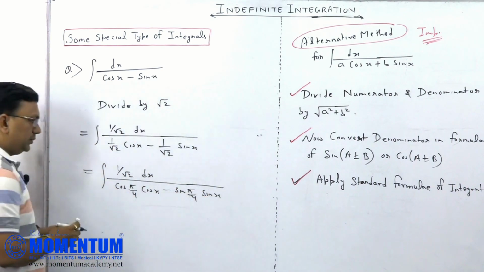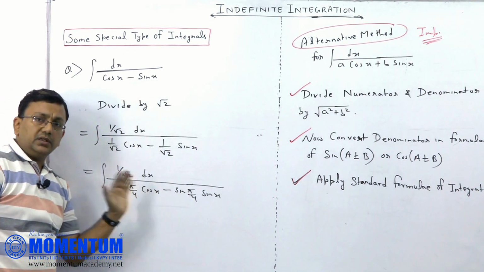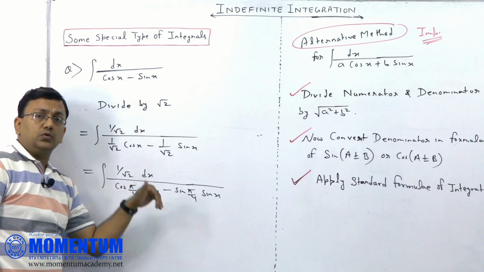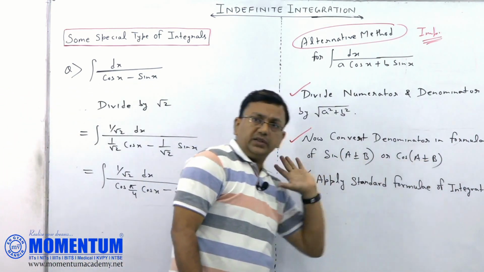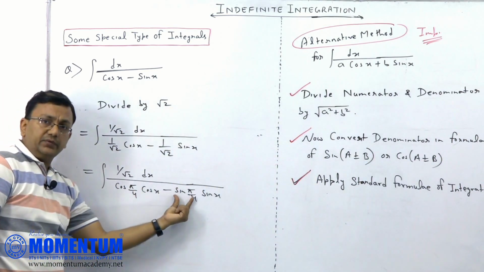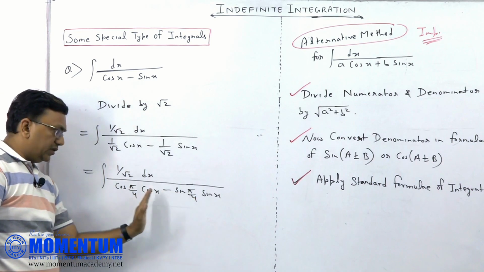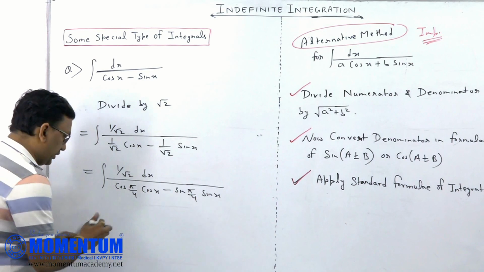Now this must be clear to you. Why have I written cos pi by 4 and sine pi by 4? Because my intention is to make the formula sine a plus minus b or cos a plus minus b. Knowingly I am writing cos pi by 4 and sine pi by 4. Now it is cos a cos b minus sine a sine b.